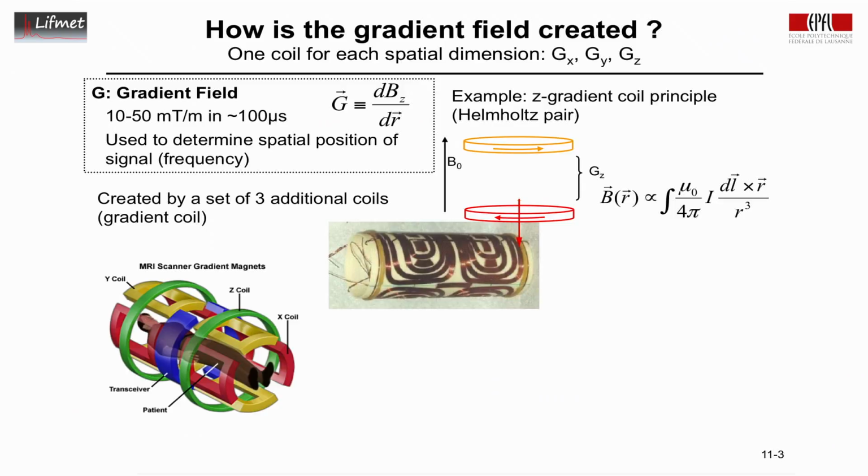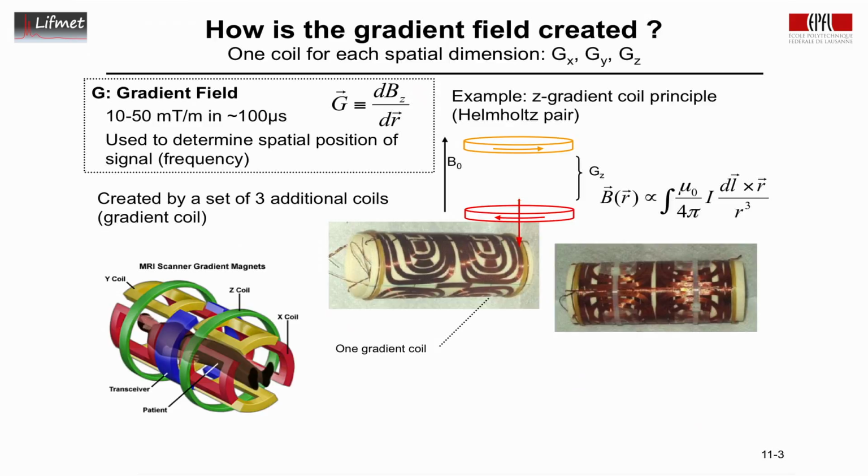So what does this look like in practice? One has a former, and the coils are wound in copper on top of this former. This is a coil that corresponds to the X coil. Here is a single gradient coil on this structure. If we look at the complete gradient coil, we have all the coils wound on top of each other.